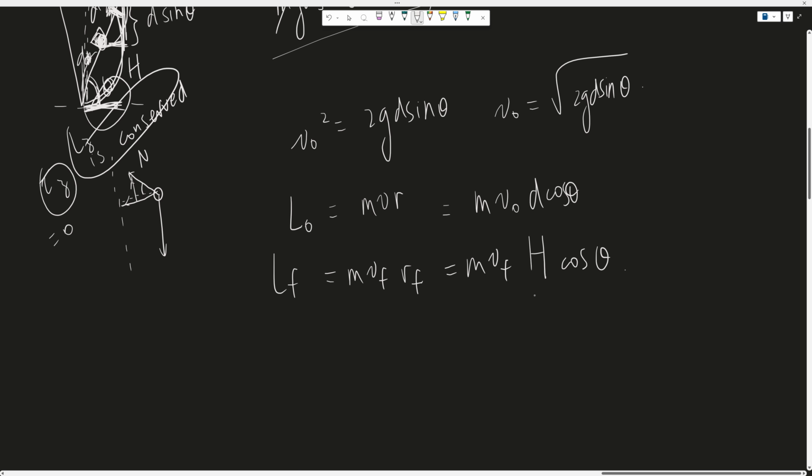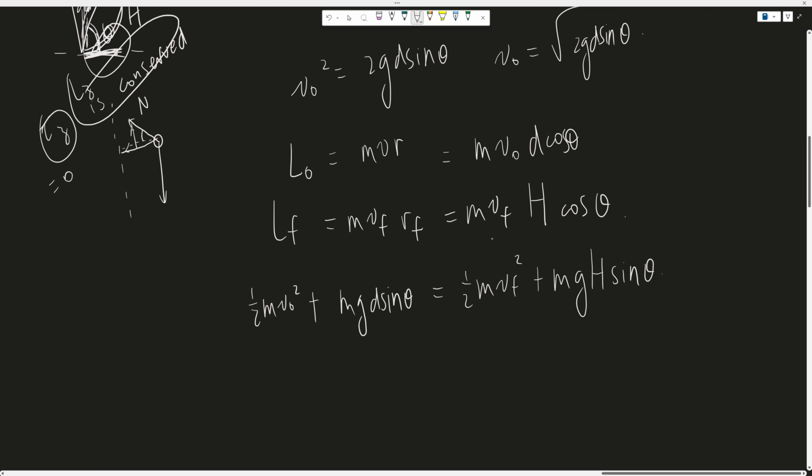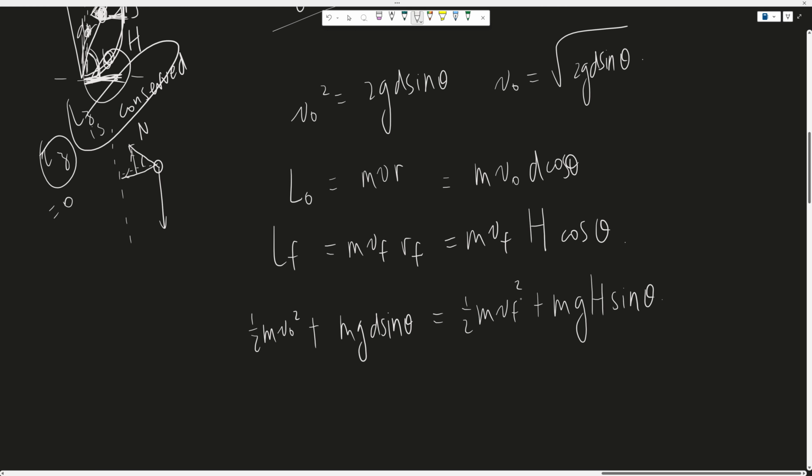And then we need VF. And what would VF be? If we again utilize conservation of energy, we can write out half mv0 squared plus mgd sine theta equals half mv final squared plus mgh sine theta. And so then we can get VF in terms of these variables.